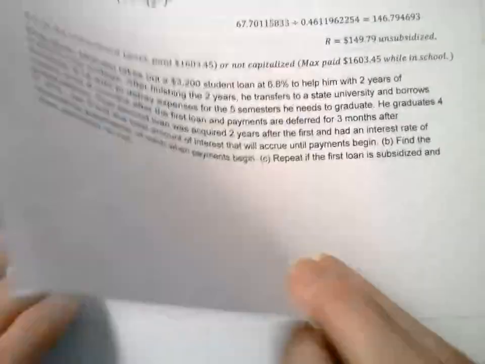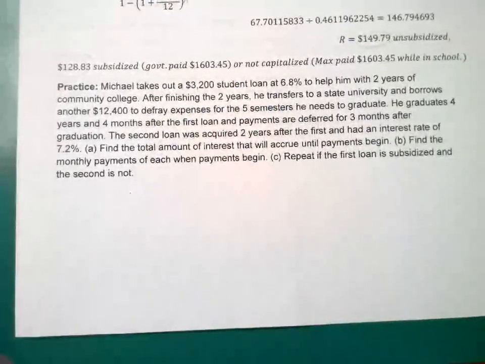All right, so let's practice one of these. So Michael takes out, let me get the right key in front of me. Michael takes out a $3,200 student loan at 6.8% to help him with 2 years of community college.